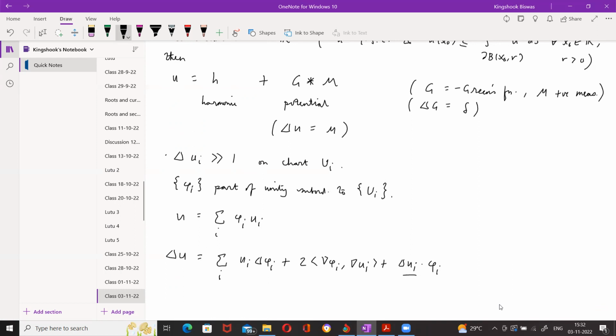This term is fine, it is large except where phi_i is 0. And this term, well, I don't know. In general it doesn't seem to work, because Laplacian phi_i can be negative, and cancellations might take place.